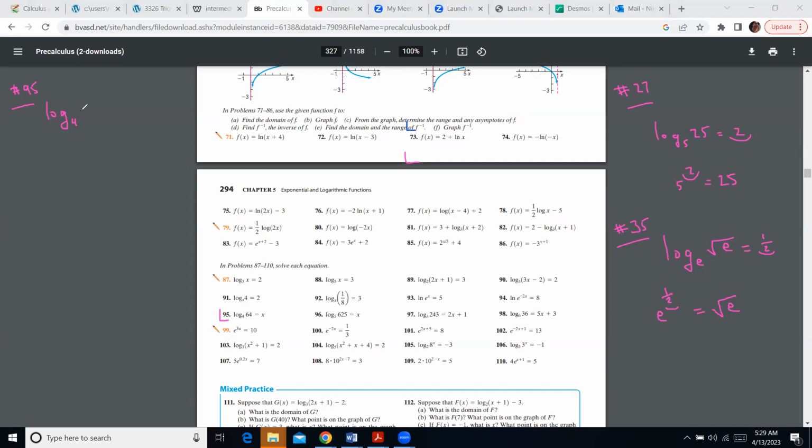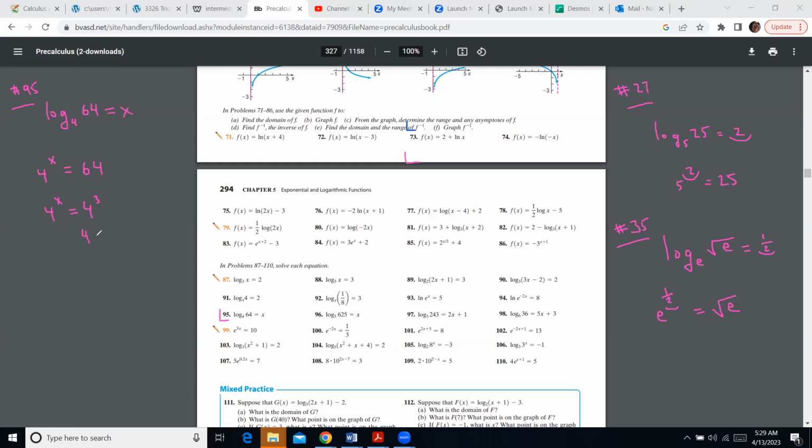So if they say that logarithm base 4 of 64 is equal to x, then I can rewrite this as the power of x of base 4 that gives us 64. So this way I can see that 4 to the power of 3 is 64.